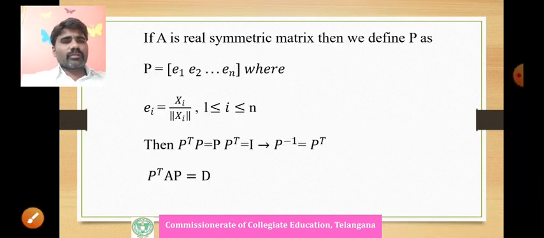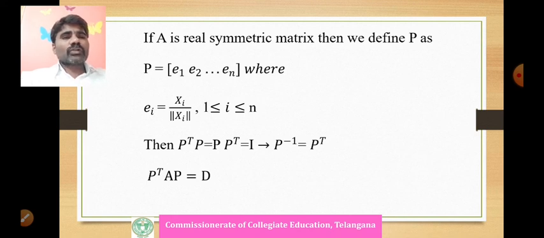Now, the special case. Suppose the given matrix A is a real symmetric matrix. In such a case, we define the non-singular matrix P using orthonormal vectors E1, E2, up to En, where each Ei is xi divided by the norm of xi.